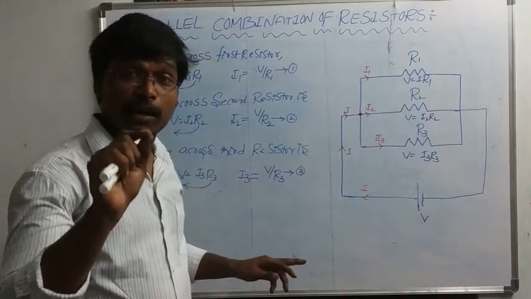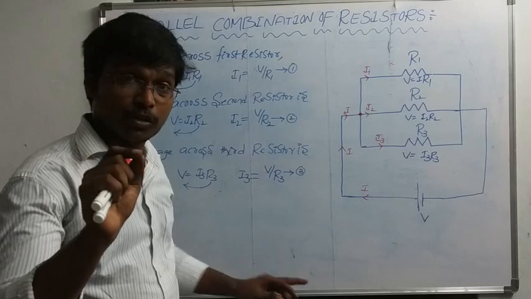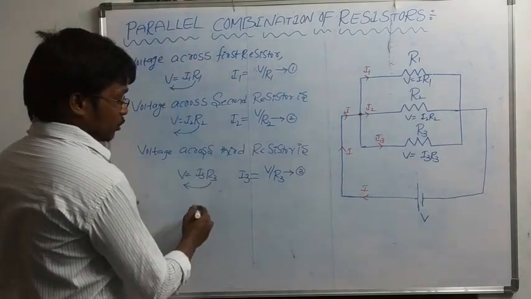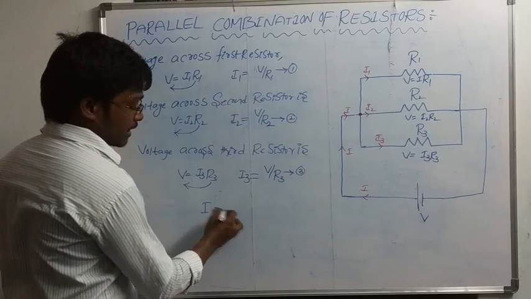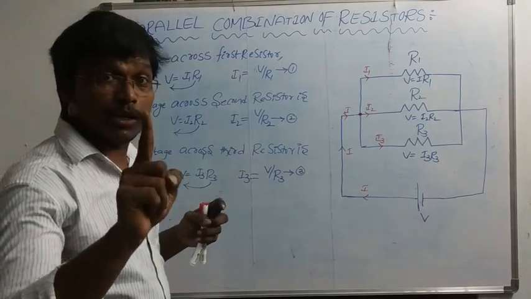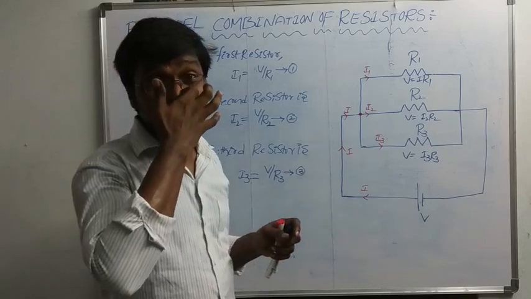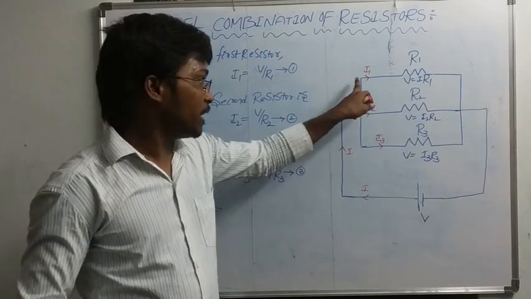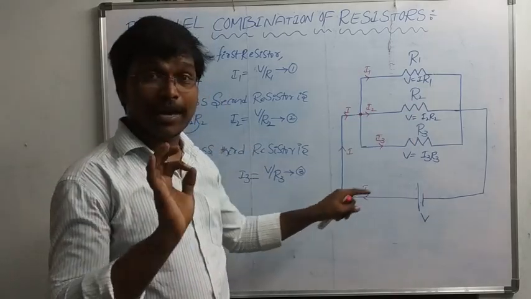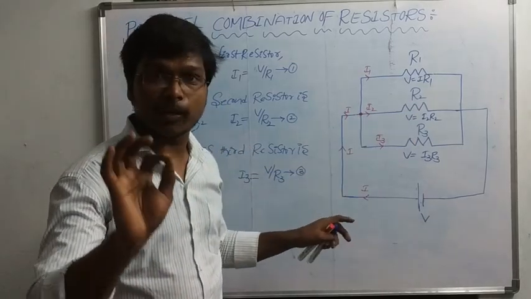The total current is I, and the currents through the resistors are I1, I2, I3. So I is equal to I1 plus I2 plus I3.